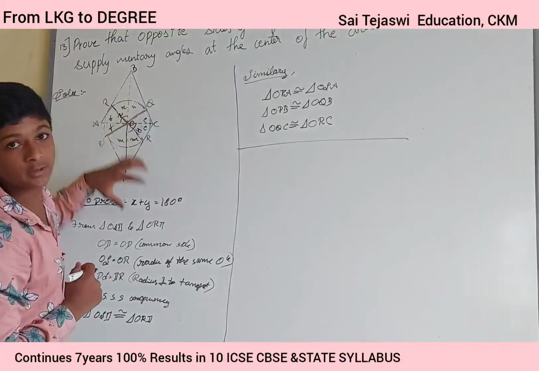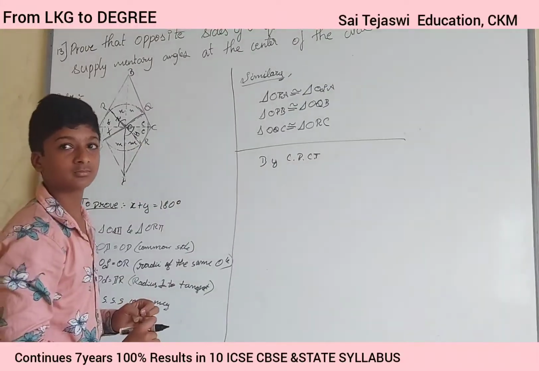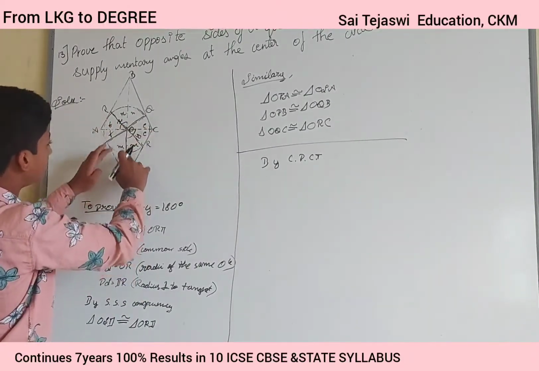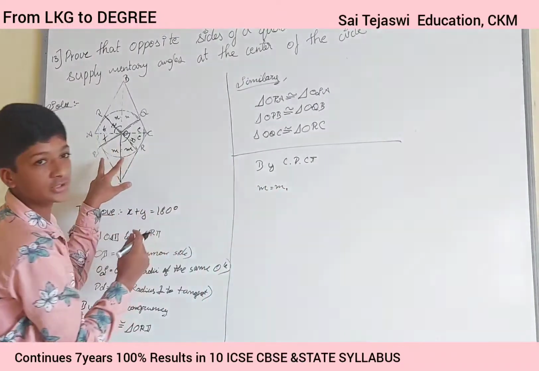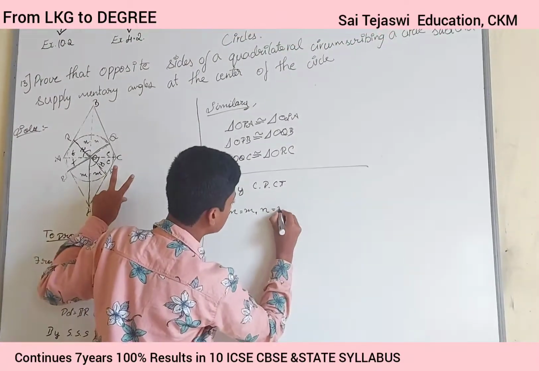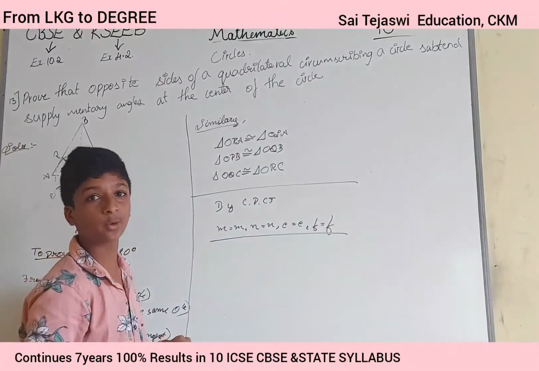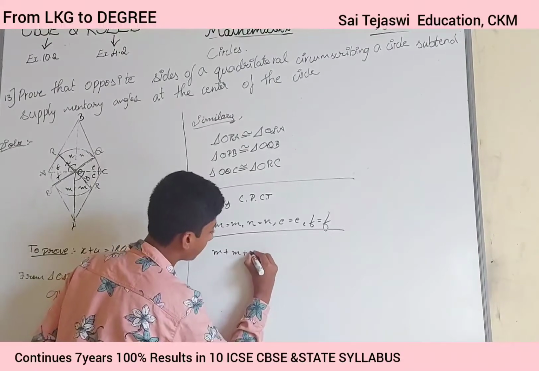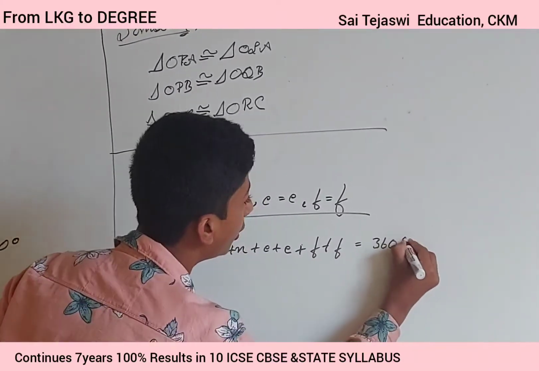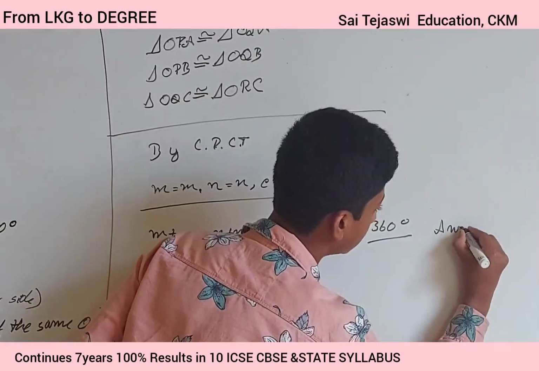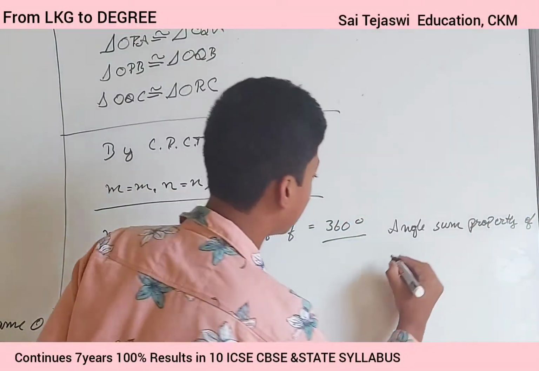If we add them, we should get 360 degrees because of the angle sum property at the center of the circle. Since the triangles are congruent, the angles are also the same, so m equals m, n equals n, e equals e, and f equals f. Adding these, m plus m plus n plus n plus e plus e plus f plus f equals 360 degrees, the angle sum property of a circle.